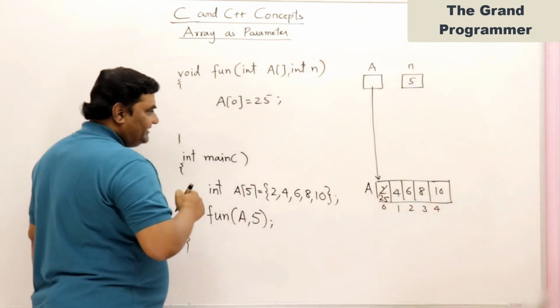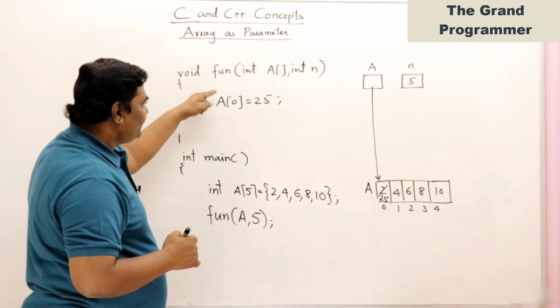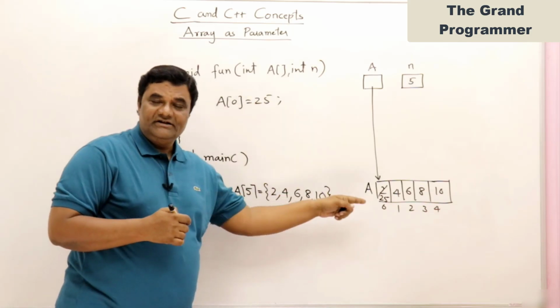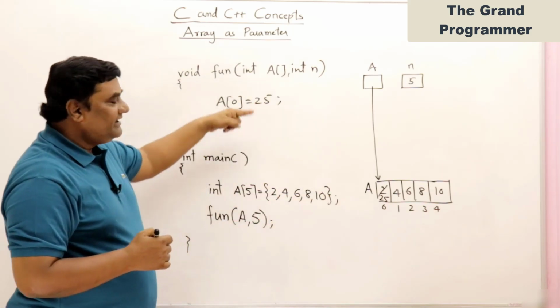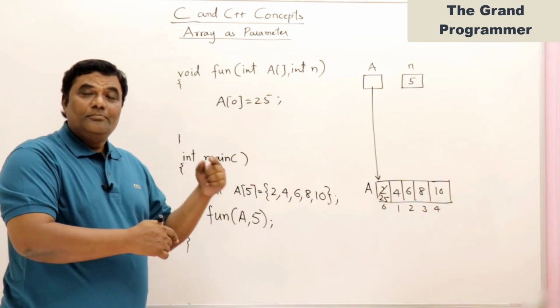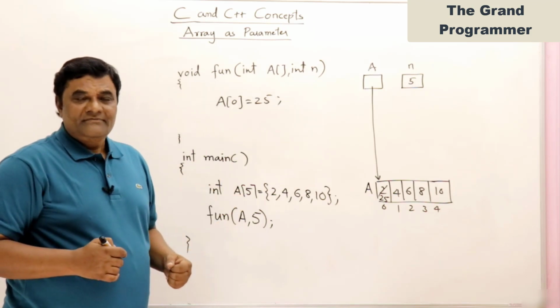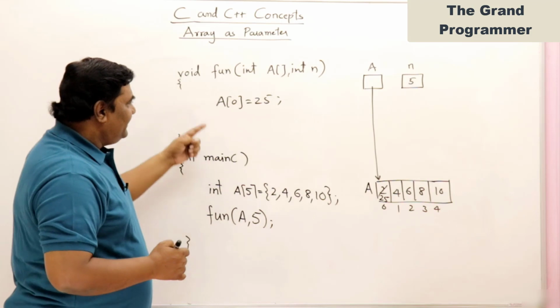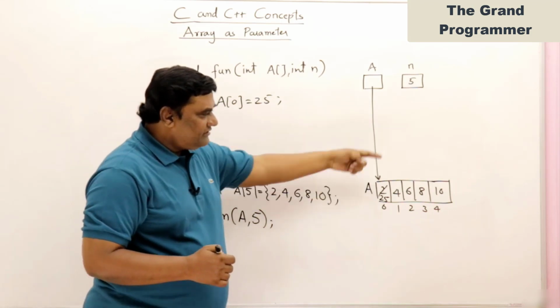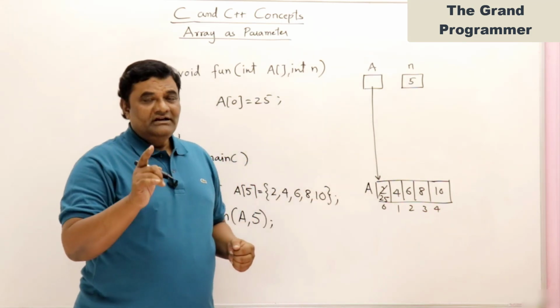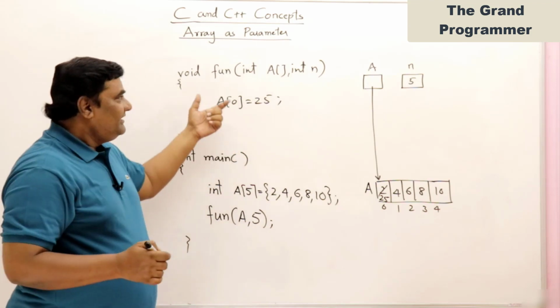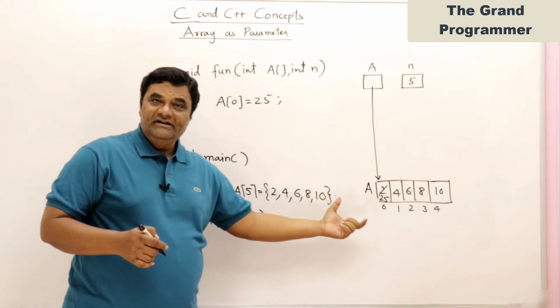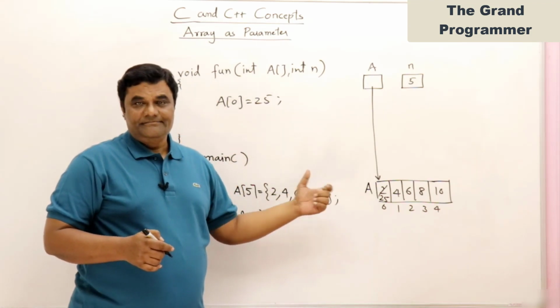The array belongs to the main function only, and this function is able to modify its contents because it is called by address. You can modify all the elements, and I can even write a for loop to change all of them. This is sufficient to show you that a function can modify the actual parameter.